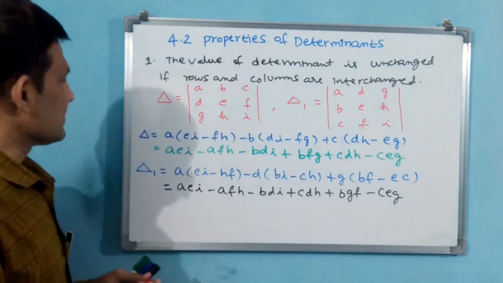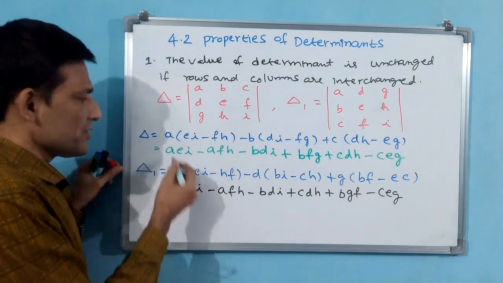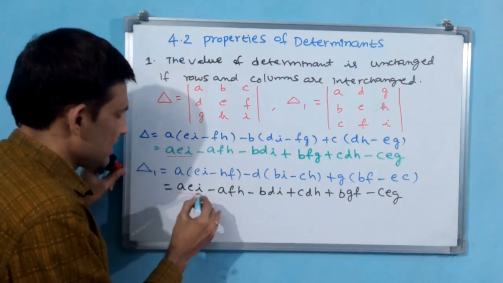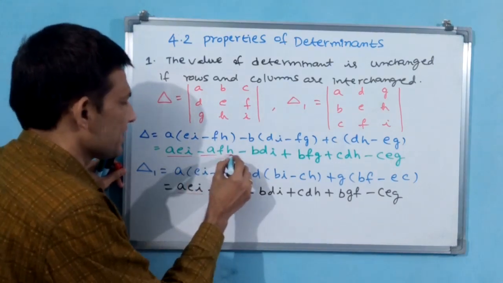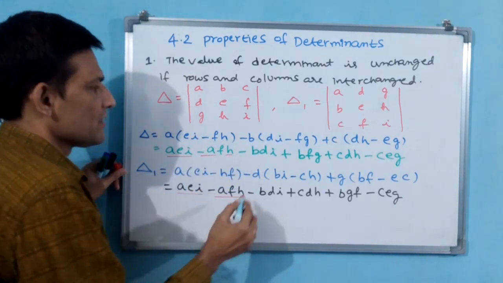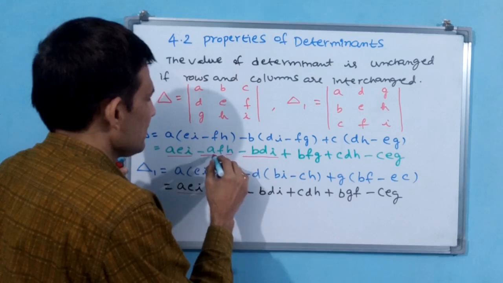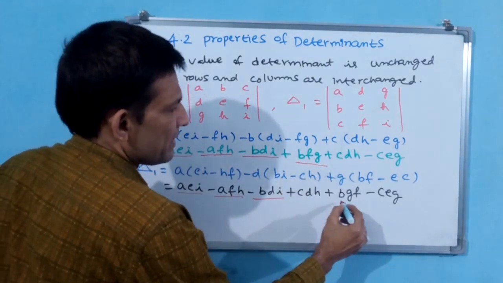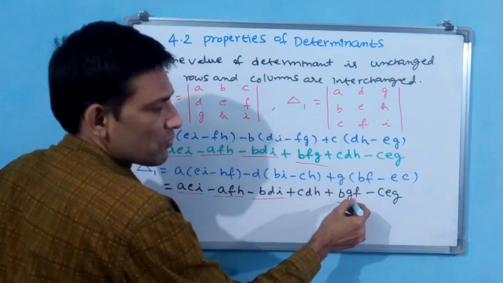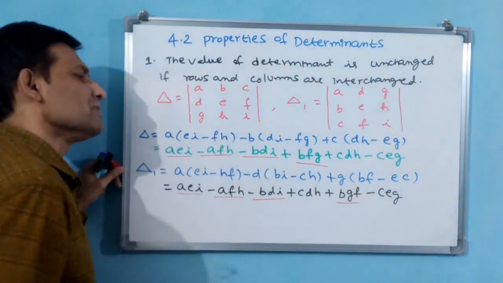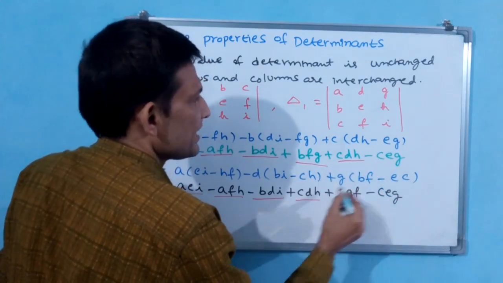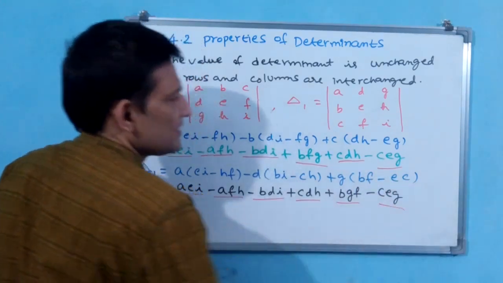Let us go back to delta, and compare each one: plus AEI minus AFH minus BDI plus BFG. Actually BFG we have written in one and BGF in the other, both are the same. Plus CDH minus CEG.